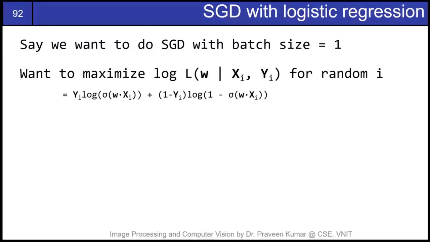So in our logistic regression case, if we take this stochastic gradient descent, what will be the equation? Let us try to understand and see how it works. Let us take the simplest case where the batch size is just 1. So you estimate the gradient by randomly choosing just one sample in the data set.